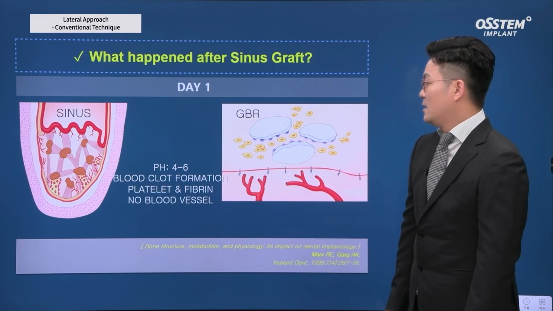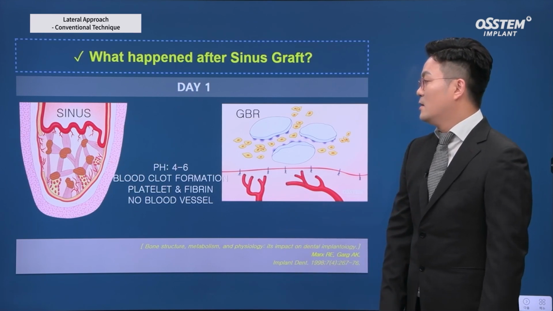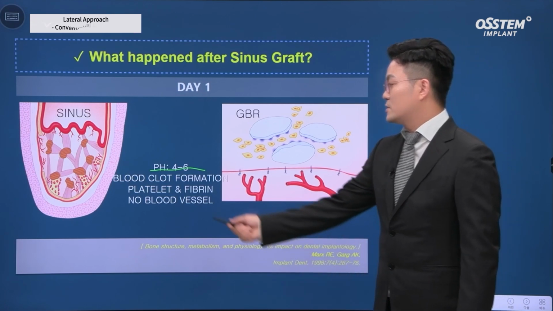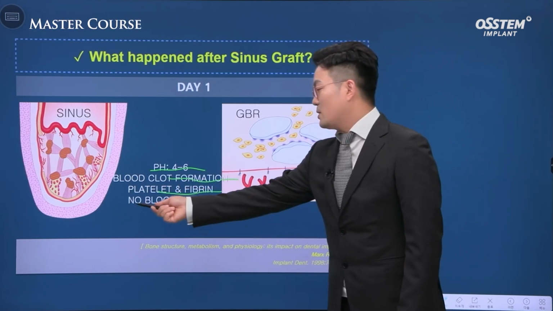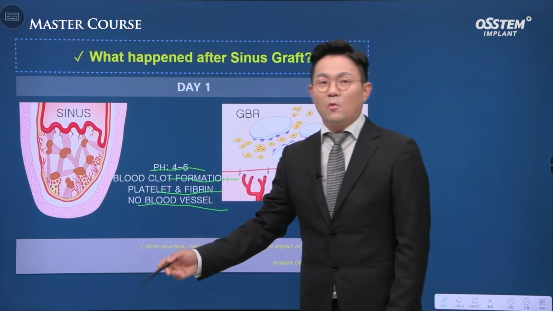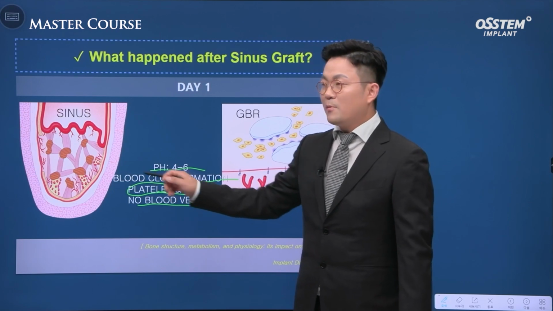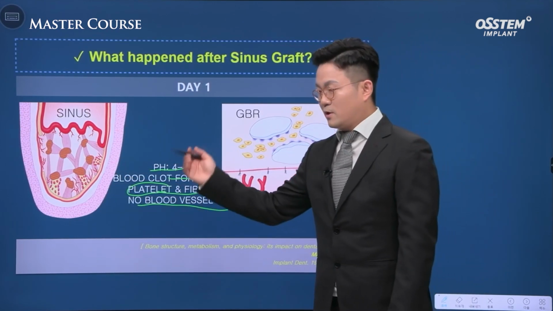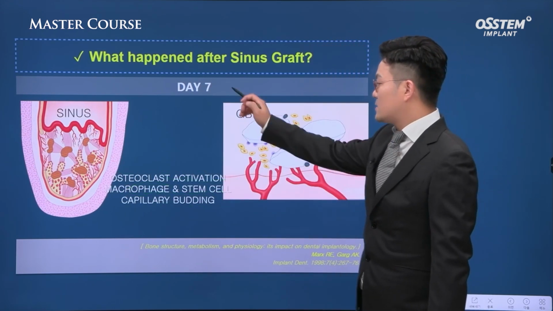So what happens after sinus grafting? Be it sinus graft or GBR, in the beginning it becomes a bit acidic. You have blood clot, platelets and fibrin, and there are no vessels as of yet. The bone graft material and platelets would create blood vessels, and cytokines formed inside would start the remodeling path.